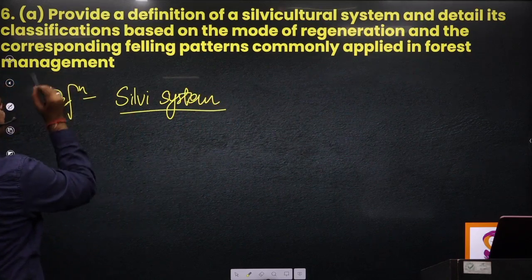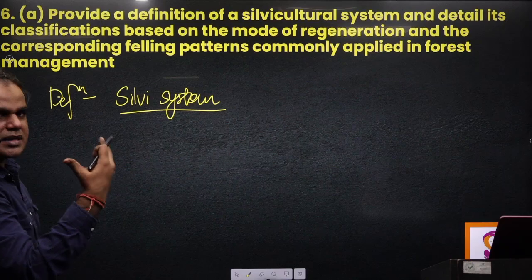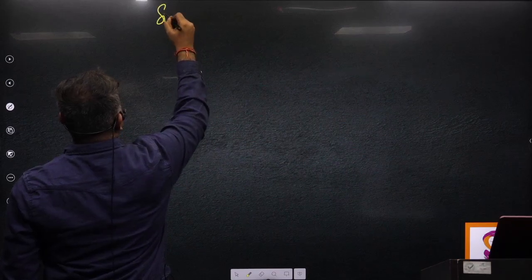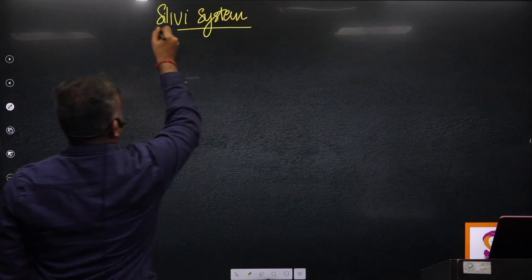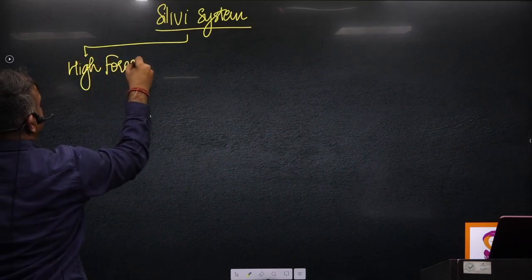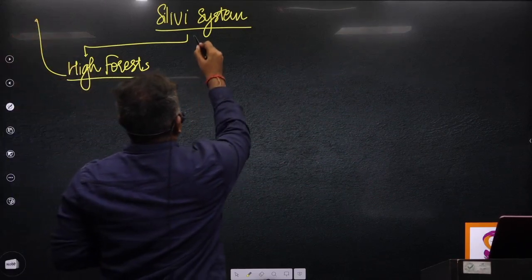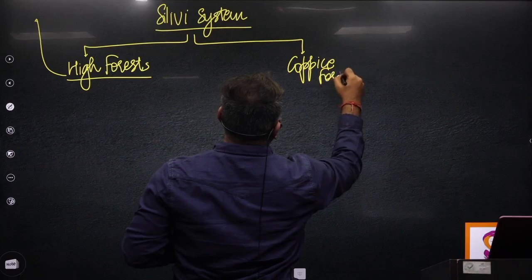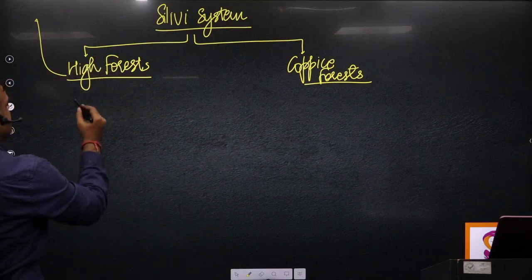And second, you have to address the mode of regeneration and the felling patterns. It would be better if you give a basic classification. Let's say the silvicultural systems are first divided into high forests, which are directly regenerated through seeds, and then you have Coppice forests. A very simple classification here.